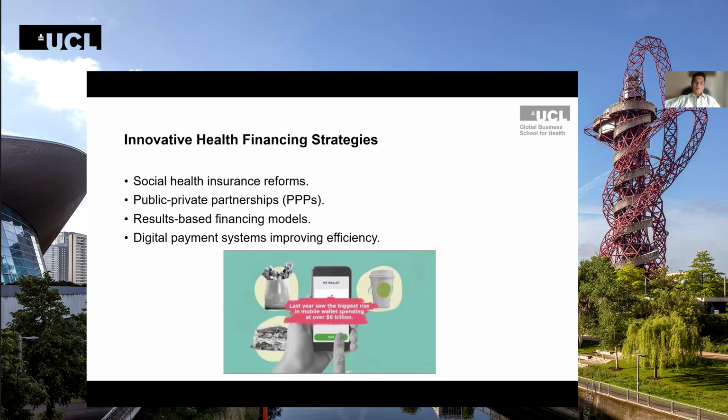So this is another video. This is where it comes in: the innovation in health financing strategies, the social health insurance reform, and PPP, which is public-private, the result-based financing model. What is the result-based financing model? I'll just briefly tell you. A lot of private companies issue bonds.